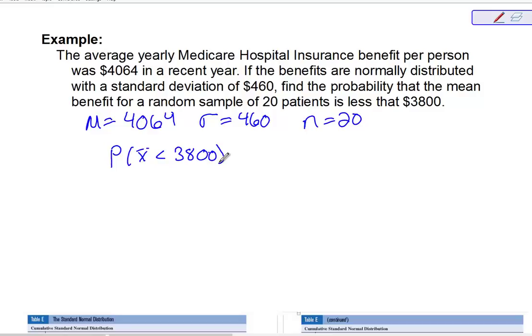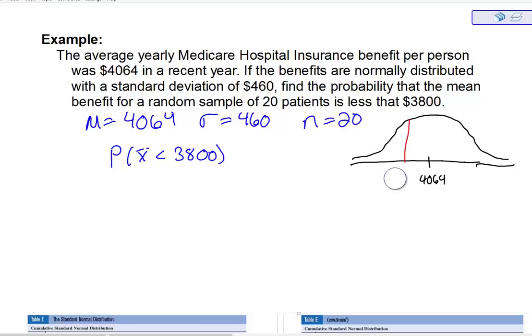So we need to change this, just like we did before, into a z. So we want to draw our z-score distribution over here. We have 4,064 in the center, and we're looking at 3,800 over here.